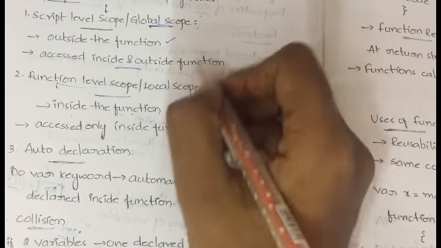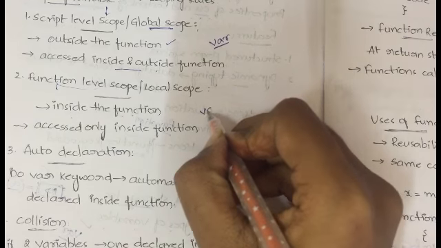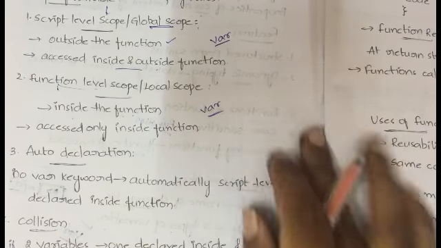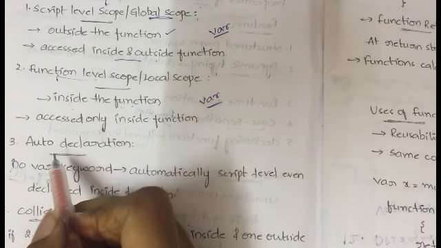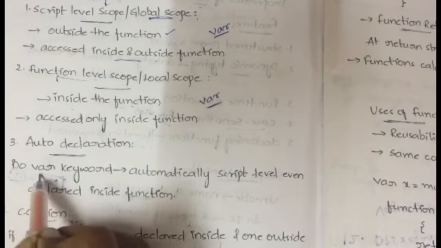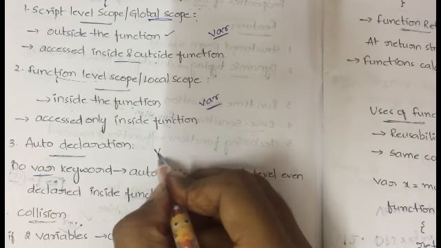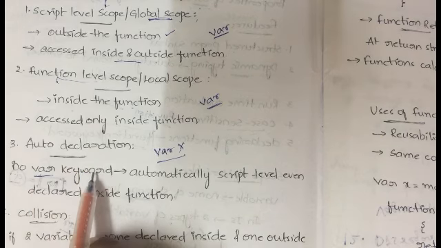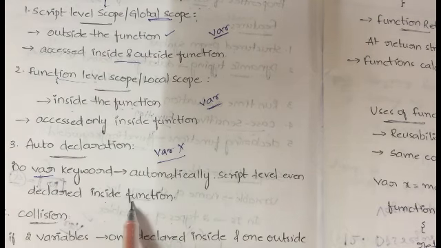And in both of these cases we will be declaring the variable by using the var keyword. But in the case of auto declaration, which is the third one, what happens here? You will not use the var keyword. No var keyword. So what happens when we don't use the var keyword? Automatically it becomes script level even if declared inside the function.